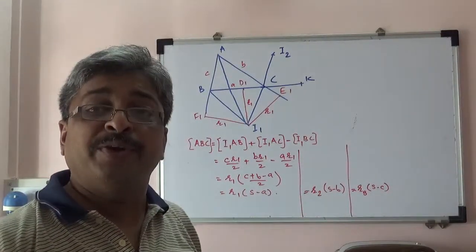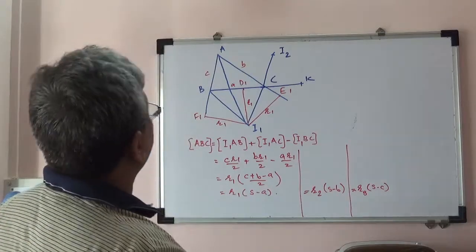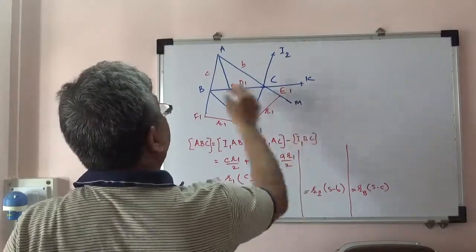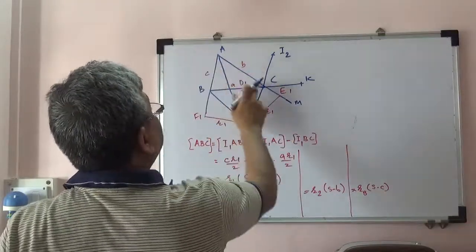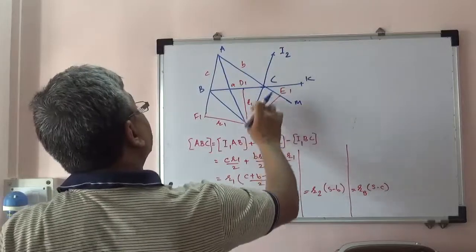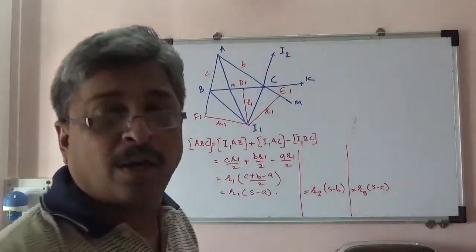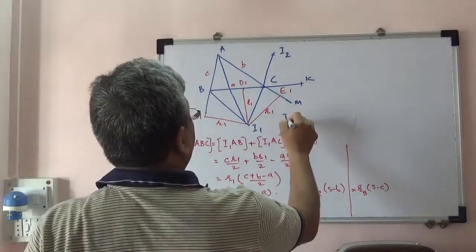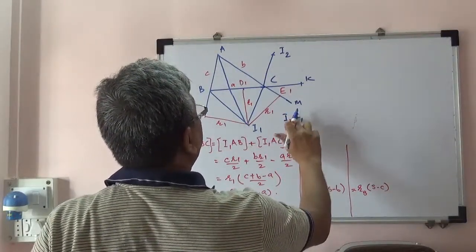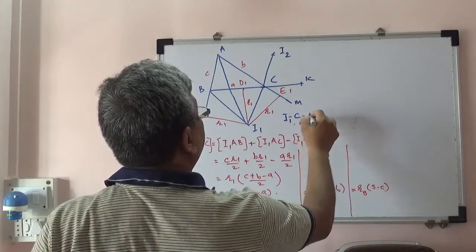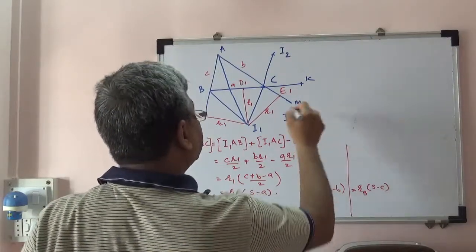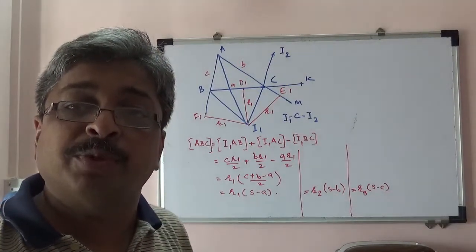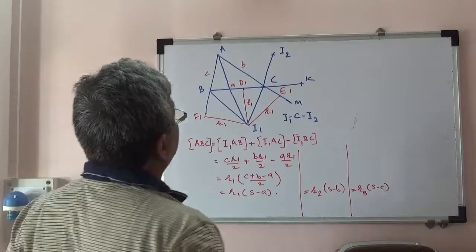So pause this video, check whether you can prove that the bisectors of angle BCM and angle ACK, that is CI1 and CI2, are opposite rays and hence I1, C and I2 are collinear. Pause this video, check if you can prove that they are collinear or not.